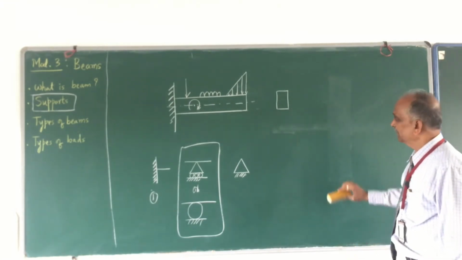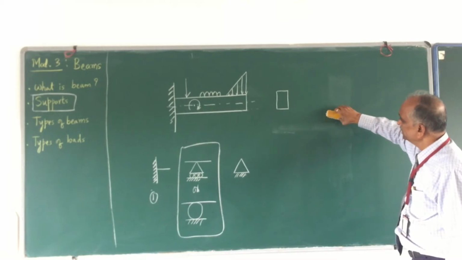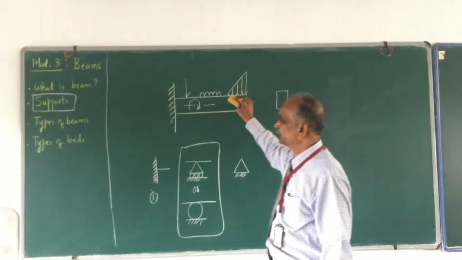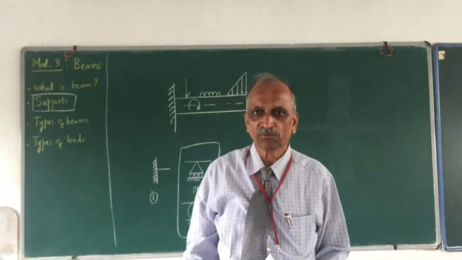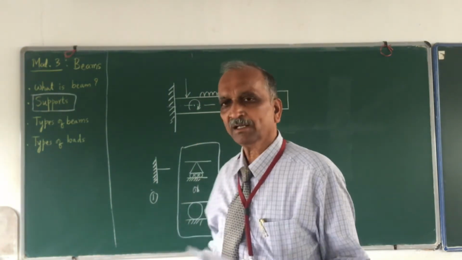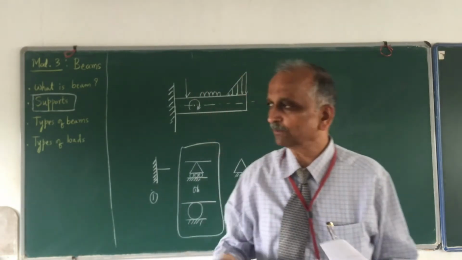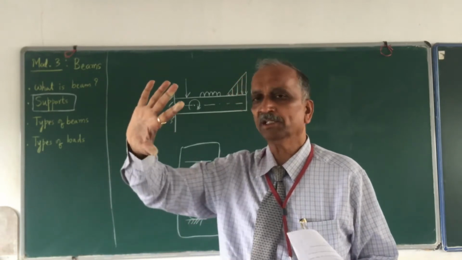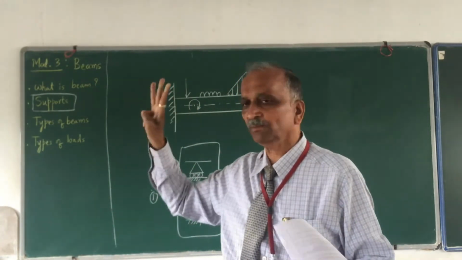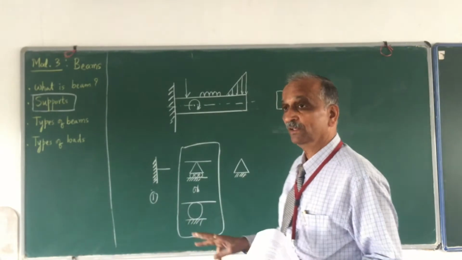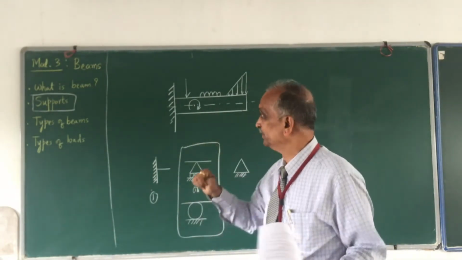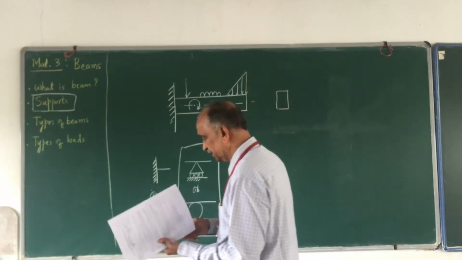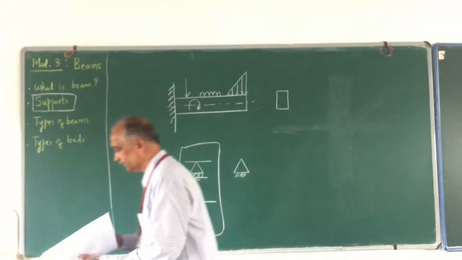And the third possibility is rotation. So the different possible motions for a beam in a plane are only three: motion along x, motion along y, and rotation. These motions are going to be restricted by the support.